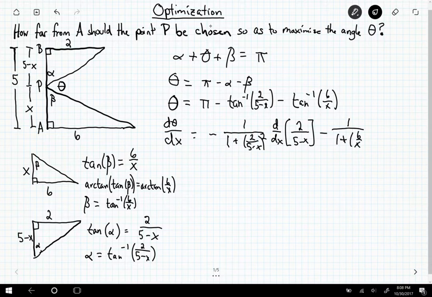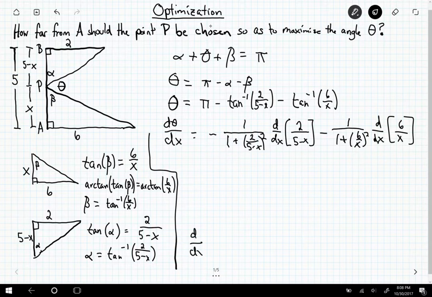So 6 over x, that quantity squared, times the derivative of 6 over x. Okay, so now calculating those derivatives. Hopefully we found out where all this stuff came from, so I'll try and box that off and see if I can fit it in here.